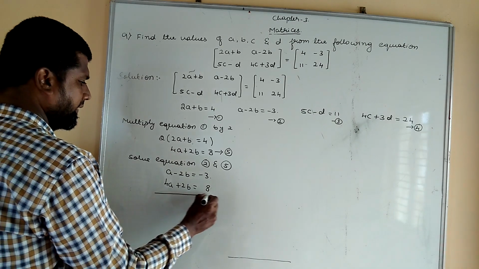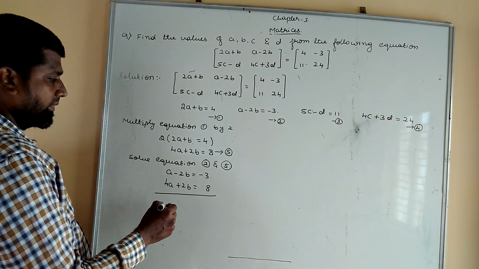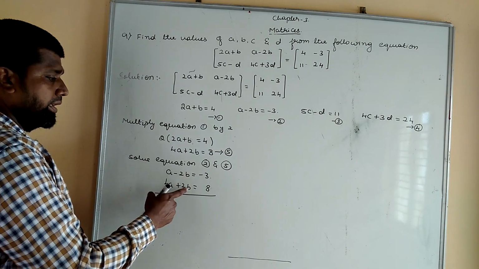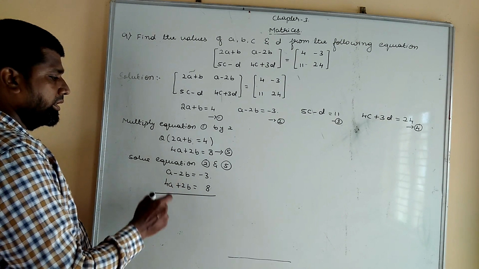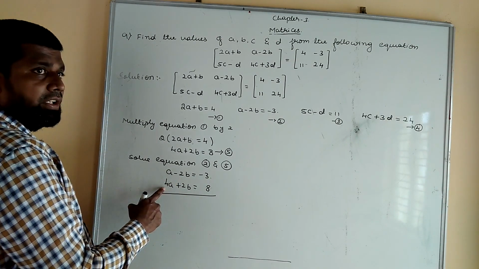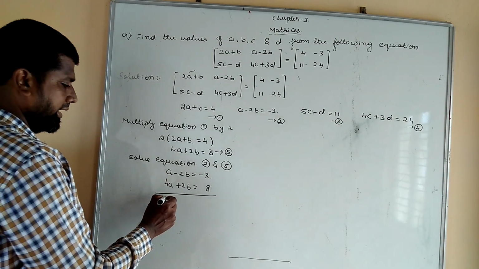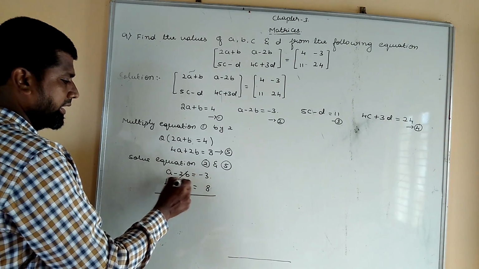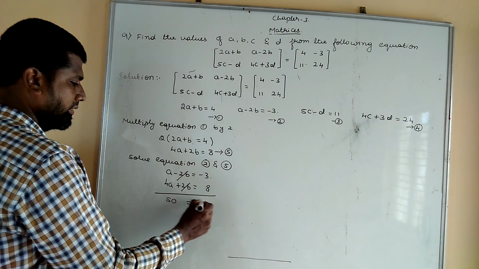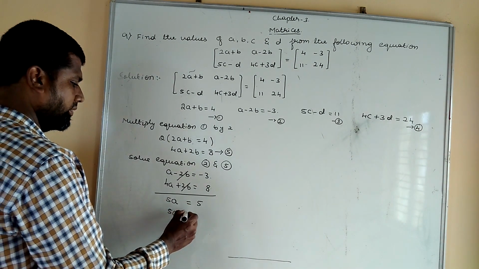By solving the equations, you know how to change the signs. No need to change the signs because the b variable has 2 in the opposite sign. So let us solve directly. If you do not change the sign, you have to add these. 4a plus a is 5a. You can cancel the b terms. That is equal to 8 minus 3, which is 5. So 5a is equal to 5.